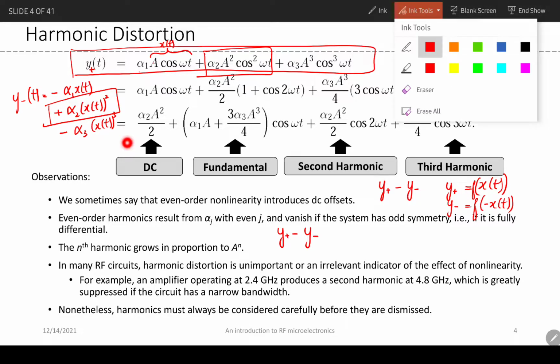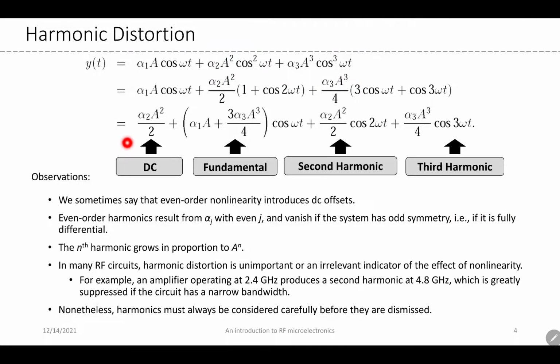Let me clear the screen and write this again. You'll have y plus is equal to alpha 1 x1 plus alpha 2 x1 squared plus alpha 3 x1 cube. You'll have y minus equals minus alpha 1 x1 plus alpha 2 x1 squared minus alpha 3 x1 cube.